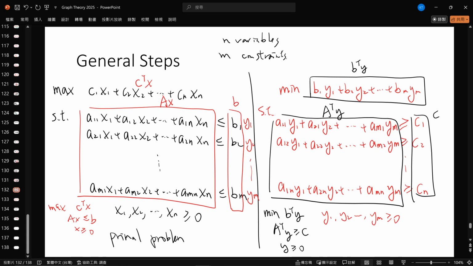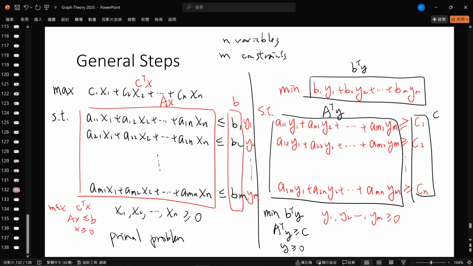It's like computing the inner product of these two vectors, so this is just b1y1 plus b2y2 up to bmym. So to find the objective function in the dual problem, you just compute the inner product of these two vectors.